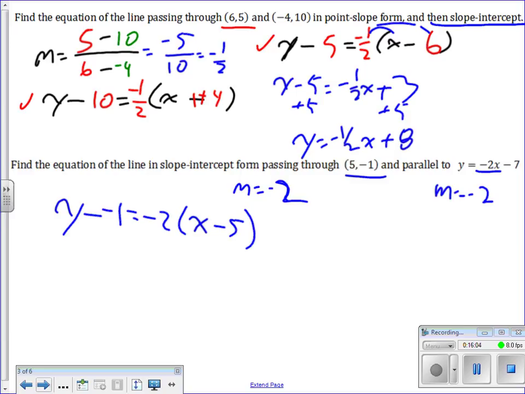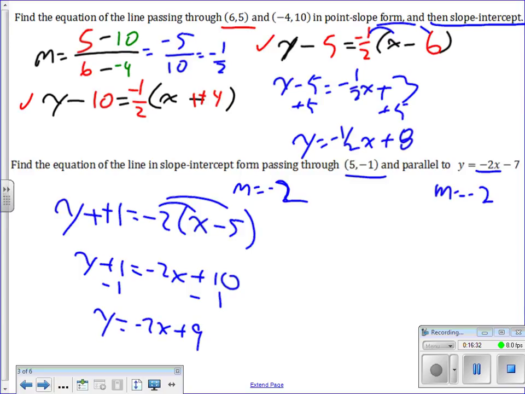That's not my final answer, but I have to start there to get my final answer. But from here, it's easy. Take the double negative, make it positive. So you get y plus 1. Take the negative 2 and distribute. Negative 2 times x. Negative 2 times negative 5. Subtract 1 from each side. Y equals negative 2x plus 9.